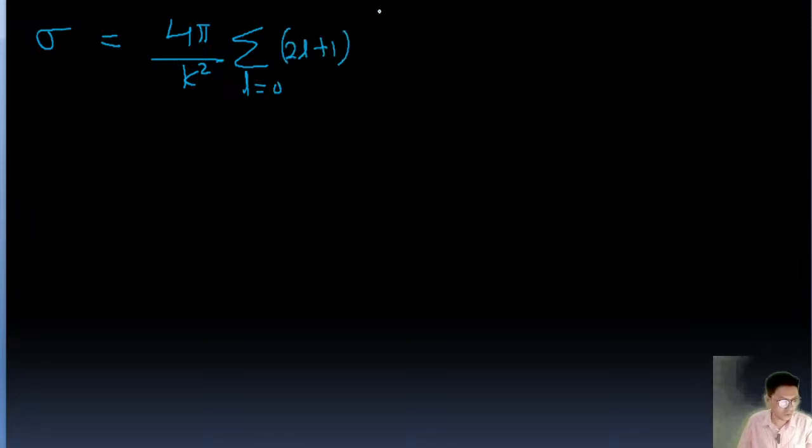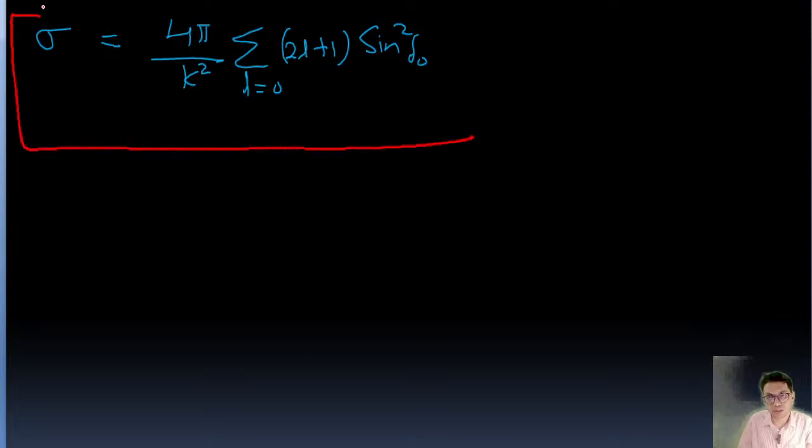Now there's a formula for sigma, which I have already explained: 4 pi upon k square, sum over L equal to 0 to infinity, 2L plus 1, and sine square delta naught. Very important formula, you need to note this down as well. Here this delta naught value we can put from here.